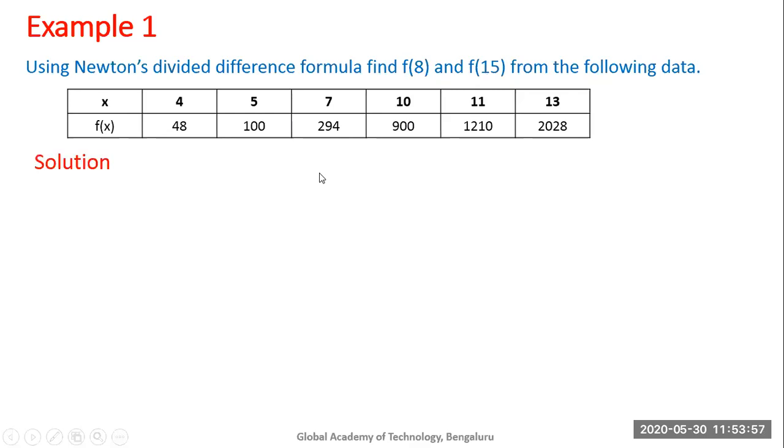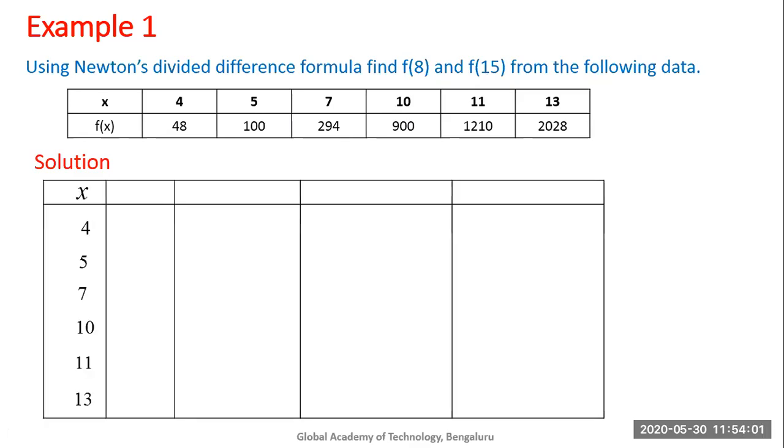For that, let us construct the divide difference table. The x values and corresponding y values are given. So we find the first divide difference. Notation, you should remember: x0, x1 is the first of the first divide differences.